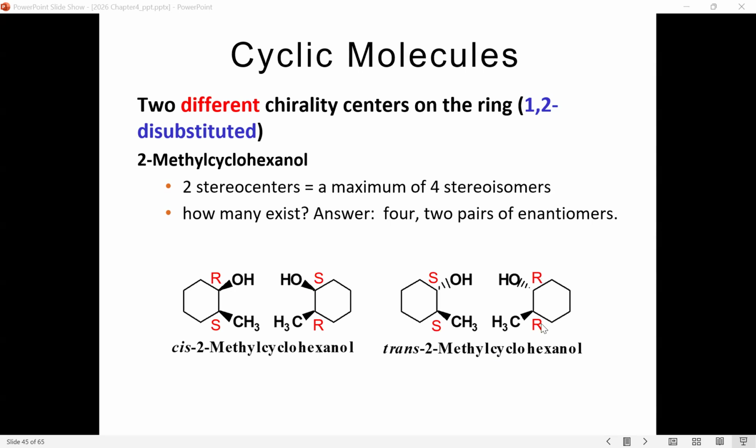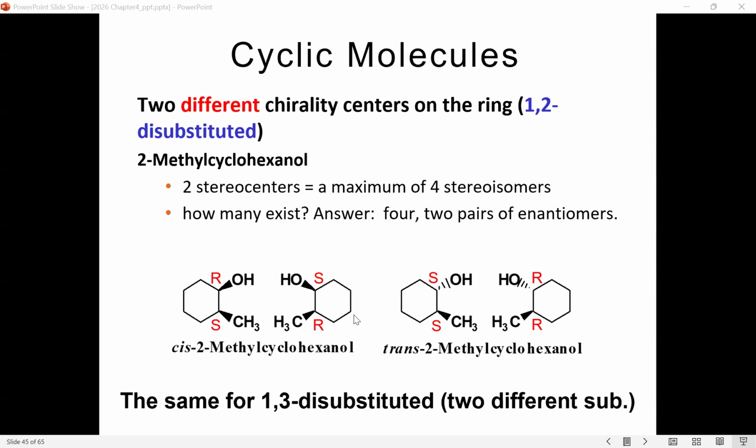So in other words, the two stereocenters give four stereoisomers, two pairs of enantiomers. So don't use cis/trans to name a disubstituted cycloalkane, because you cannot cover all the situations. You have to use R/S to specify the stereochemistry.